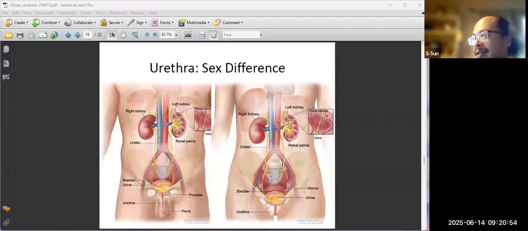Another thing we can also see here is this organ called the prostate.